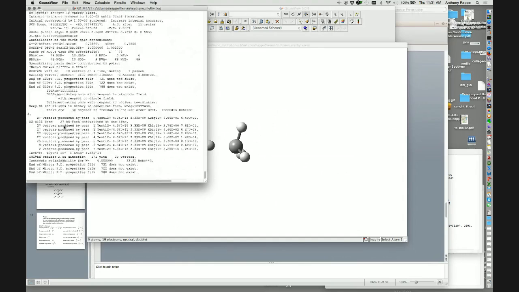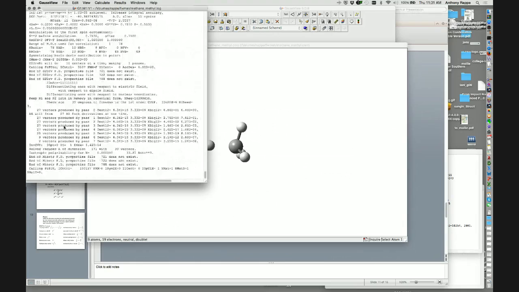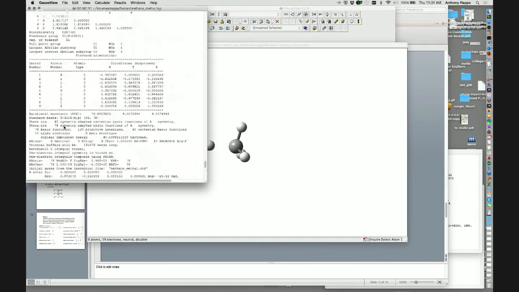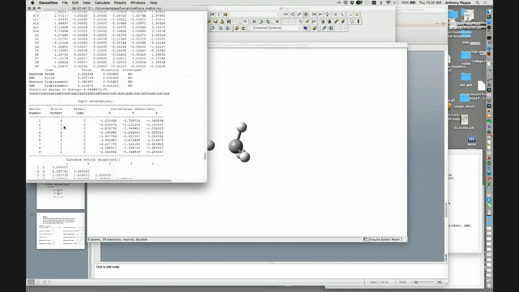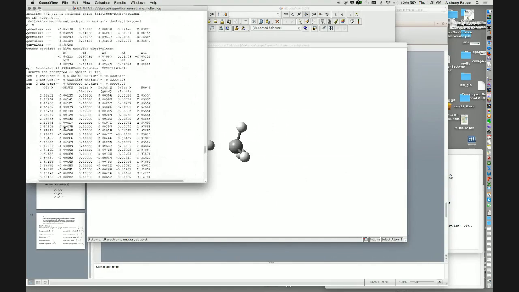In each step, it diagonalizes that Hessian and gives you the normal directions, and you see that there is one negative eigenvalue, or it should be able to see that there's one negative eigenvalue. Yay!